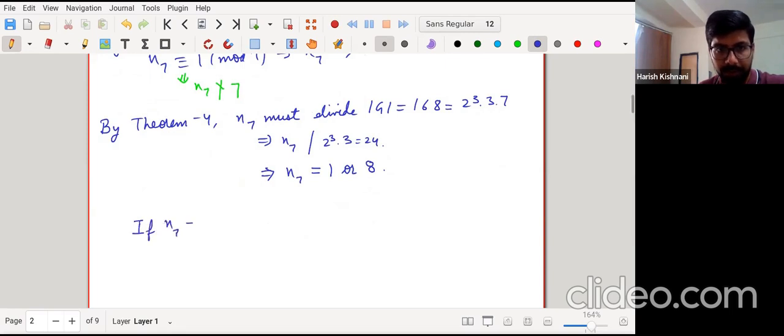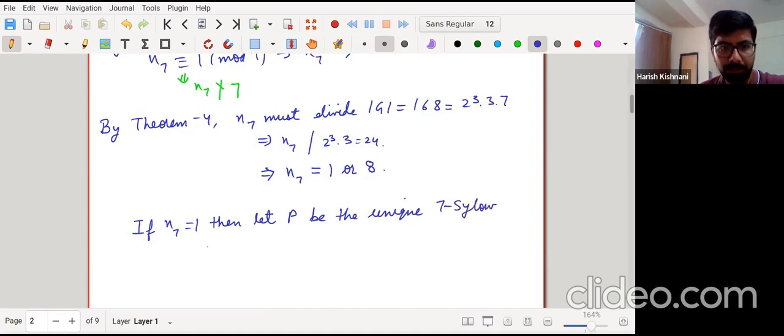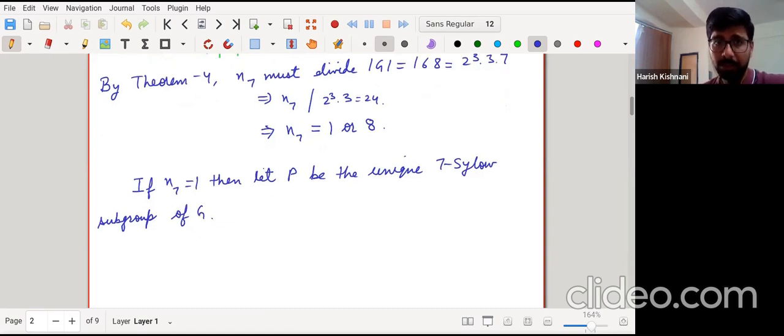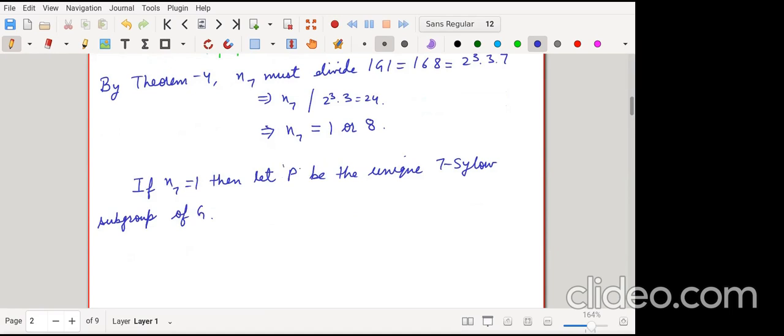If n7 is 1, then let P be the unique 7 Sylow subgroup of G. And do you know that if the Sylow subgroup is unique, then it has to be normal? Yes, sir.